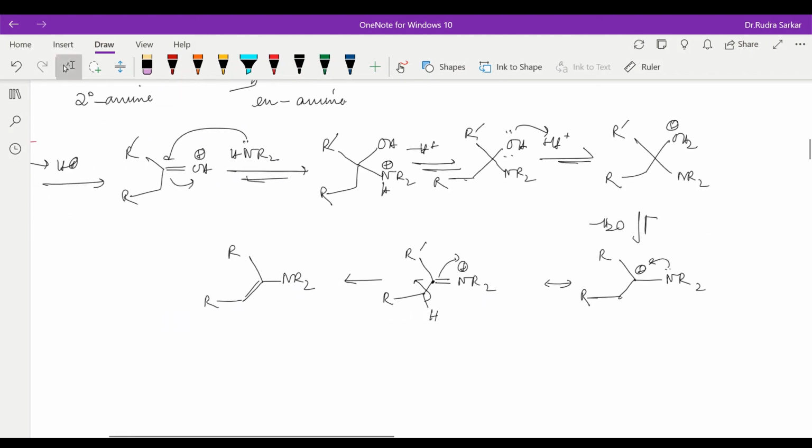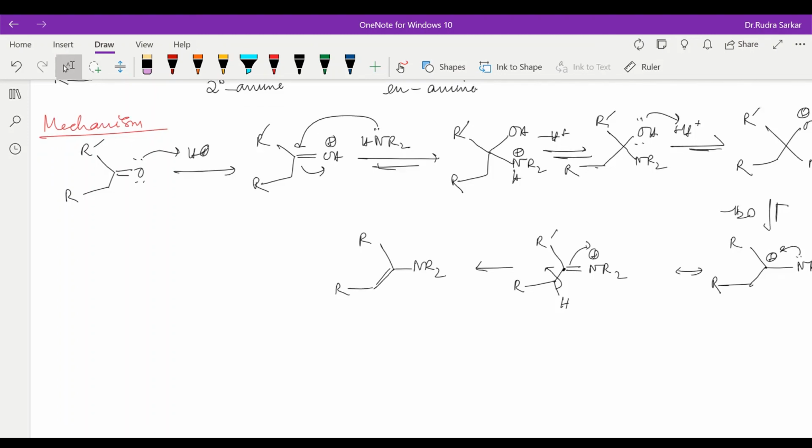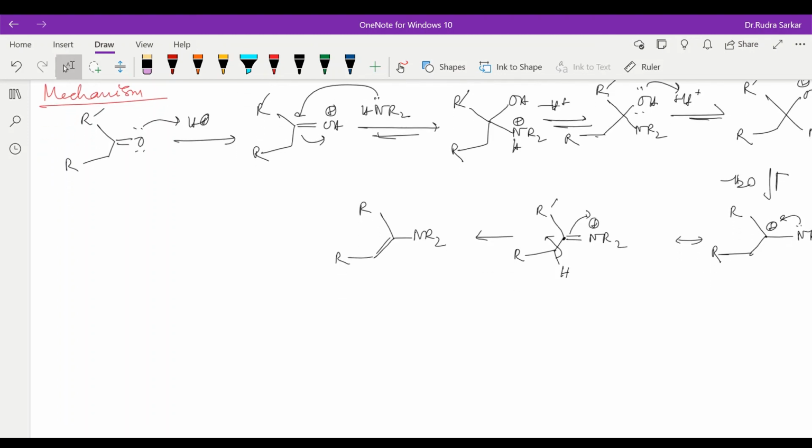Now instead of going for such a long mechanism to get your answers, just remember my trick, okay? So what I do instead is I will convert this particular ketone to its enol, okay, to its enol.